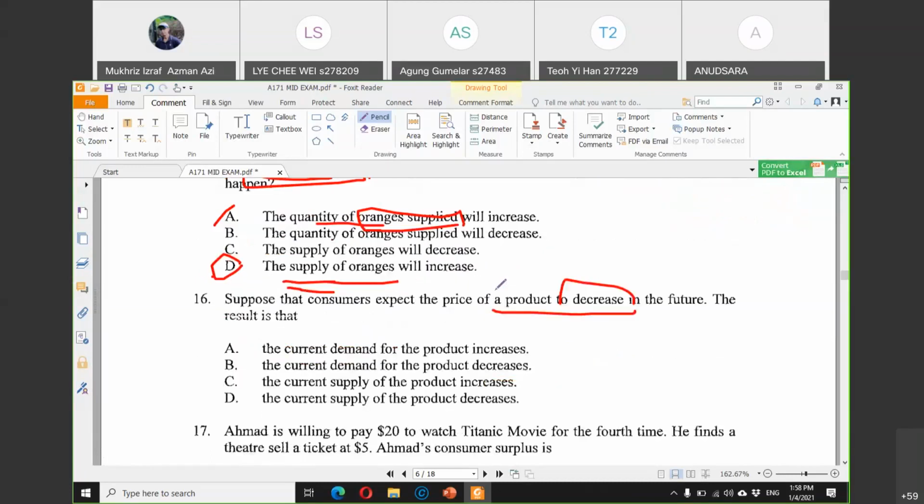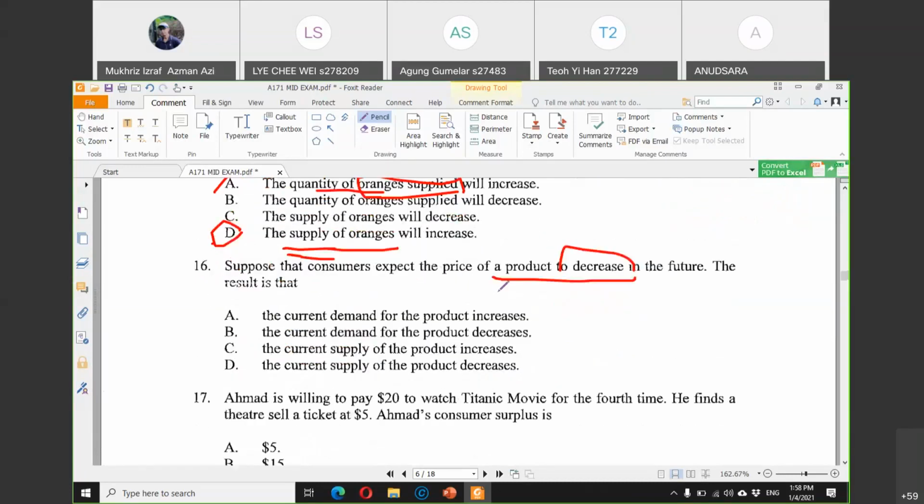Okay, then 16. This is what I just mentioned just now.